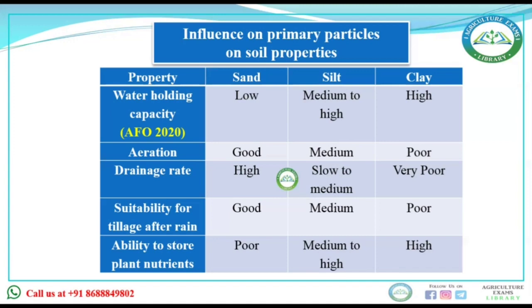Because after rain, the water drains in sandy soil, but in clay soil there is high water holding capacity and a sticky nature. Due to the sticky nature, there will be problems in doing tillage. Now, ability to store plant nutrients: it's poor in sand soil, medium to high in silt, and high in clay soil.